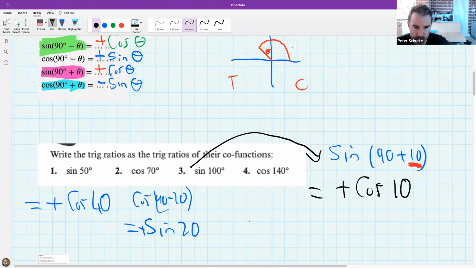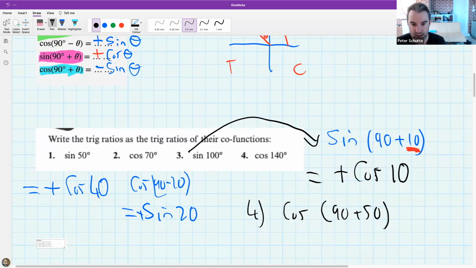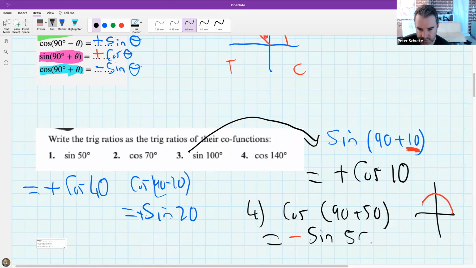For number 4, I could write it as 90 plus 50, or I could just recognize that it's 50 degrees away from the nearest vertical. And in that quadrant, cos, that's quadrant 2. So if I go to my 90 plus 50, it's going to go all the way to there and then another 50. So cos is negative in that quadrant. Then I'm going to write sine, and then I'm going to write 50.